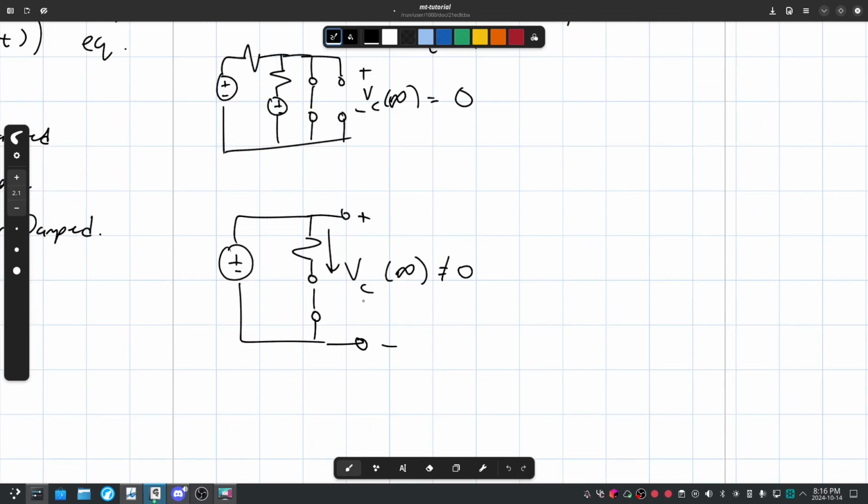In this case, yes, you just have to do a KCL. It's a very simple KCL in this case. Generally, finding your steady state shouldn't be hard because it's in steady state, so your circuit is simpler. But yeah, if you do not have a voltage source in your circuit after t is equal to 0, you do not need to find a steady state. It is 0.